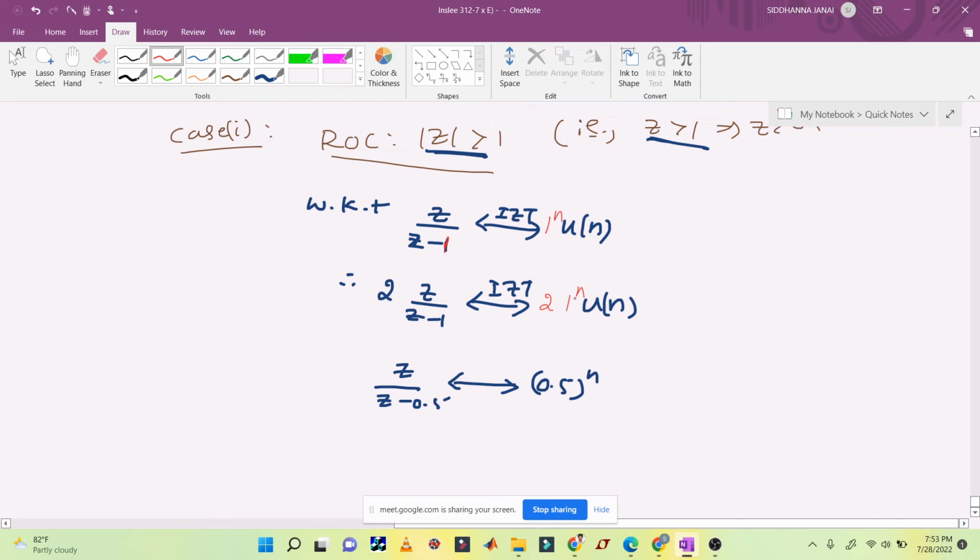That's why I had removed it. So this is the actual process. Now here we have 0.5, so it is 0.5 to the power n u of n.